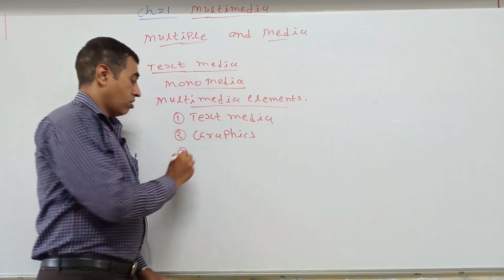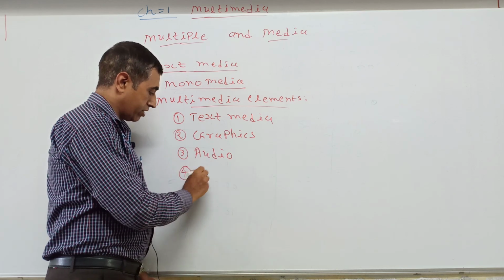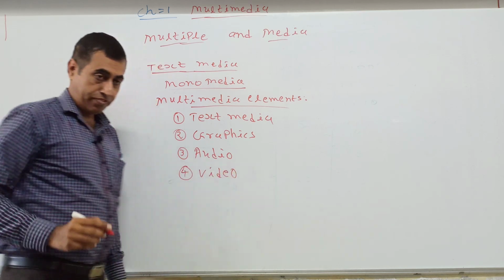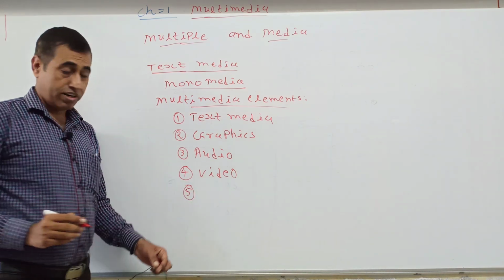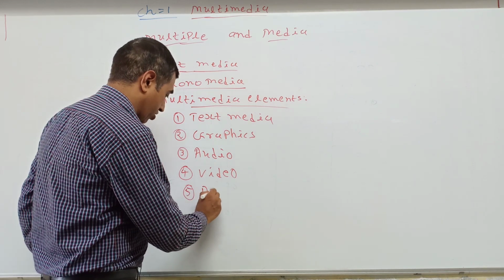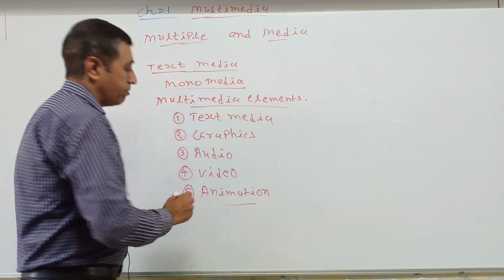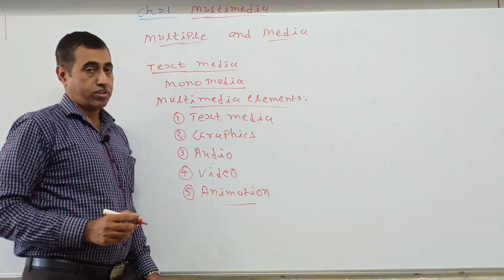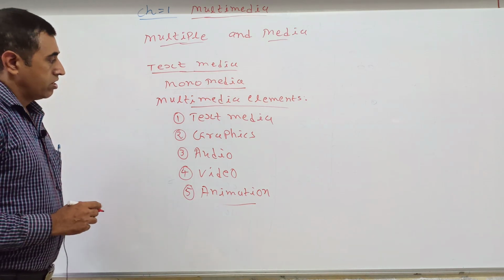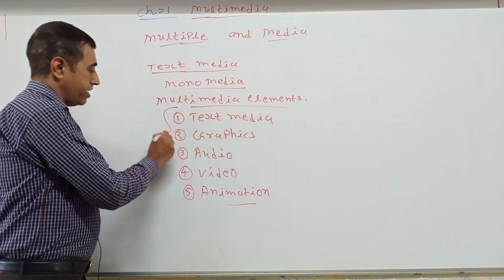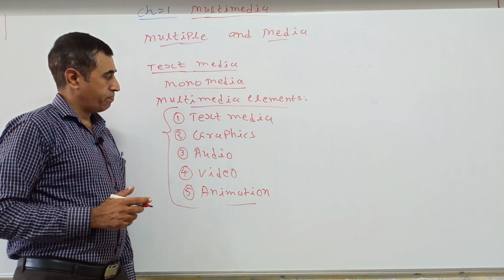The third one is audio. Fourth is video. And the fifth element, the most important element, is animation. How to create various types of animations, you have to study in 11th standard. So all these are the media elements that we can use to create a multimedia presentation.